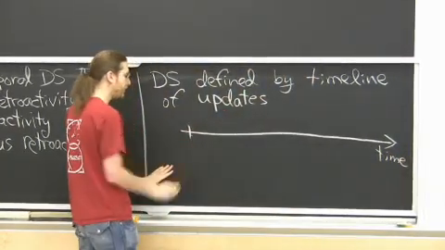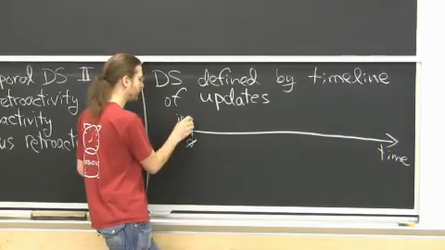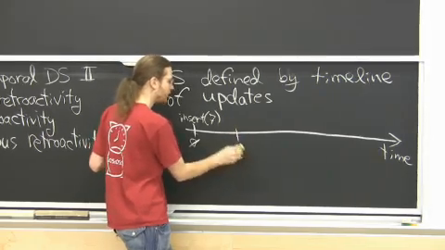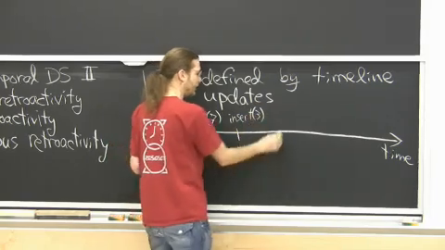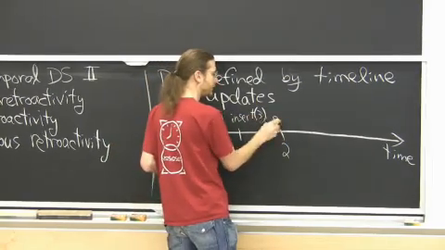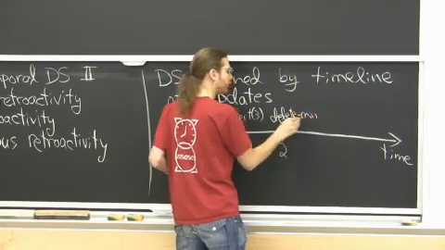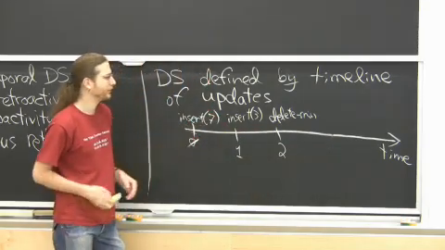And the idea is, maybe at time 0, you do an insert of 7. And then at time 1, you did an insert of 3. And then at time 2, you did a delete min. Right now you'd have just the element 7.